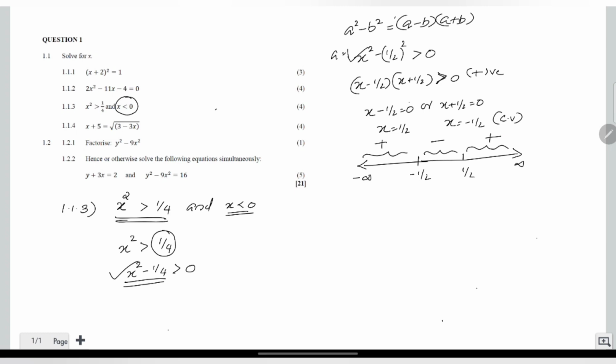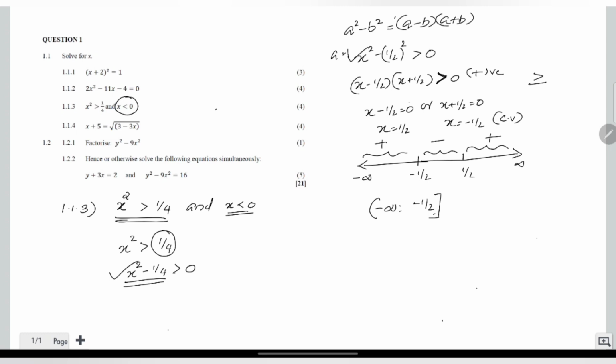We are choosing only the positive ones. So what is the first one? Minus infinity up until minus half. This side is always open. Is minus half open or closed? Look at the inequality, it is alone there, so it is open. Clear? If the inequality is there with the equal to sign, then you have to put a closed bracket. That's how it is.